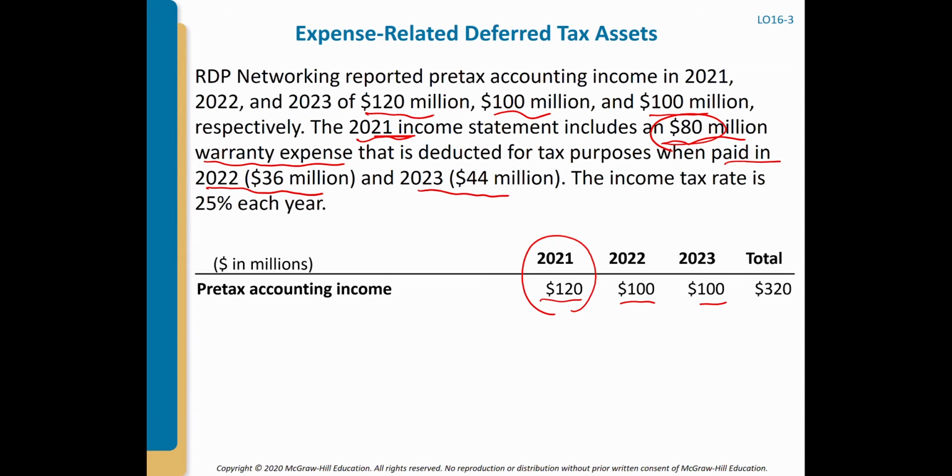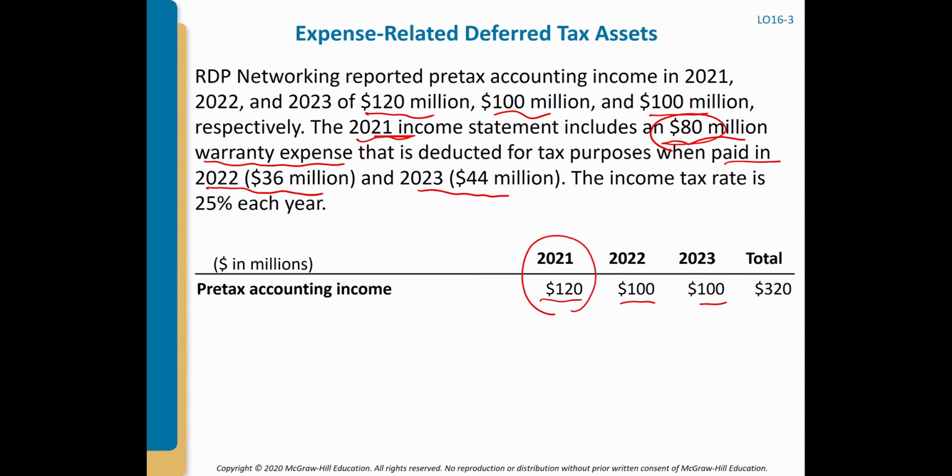Then how do we do that? Because warranty expenses may not happen in this year, we need to estimate and make a prediction. In this case, we predict $80 million will be warranty expenses.